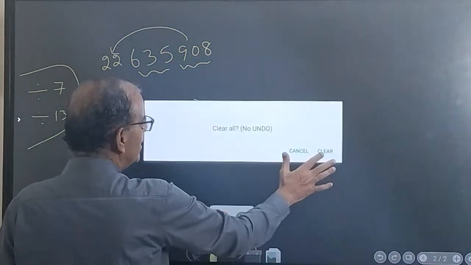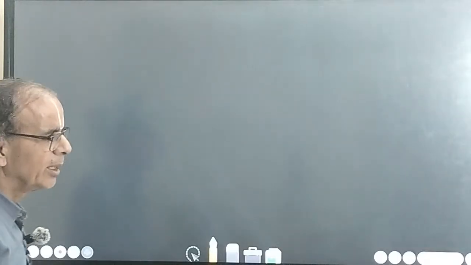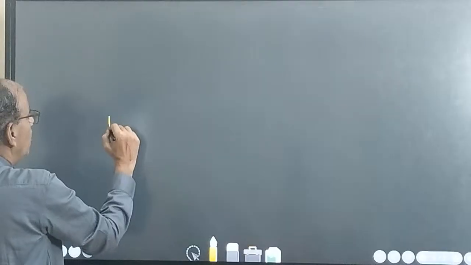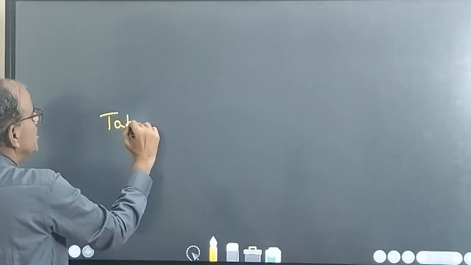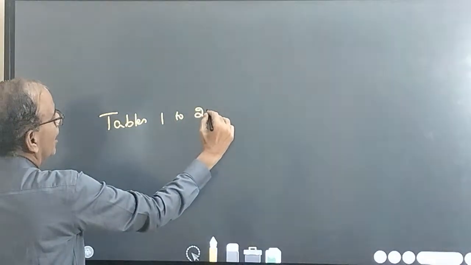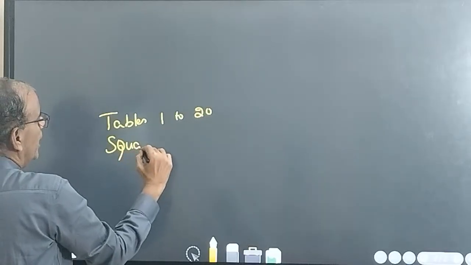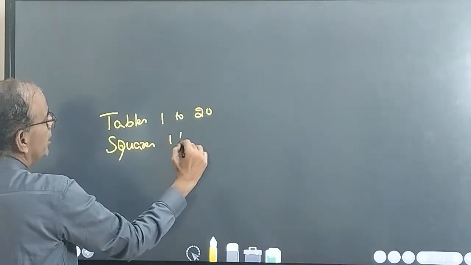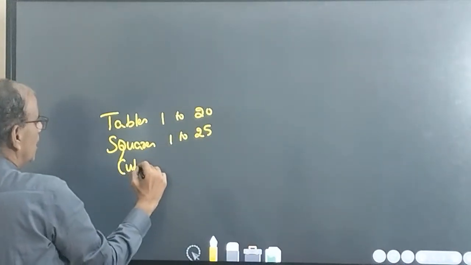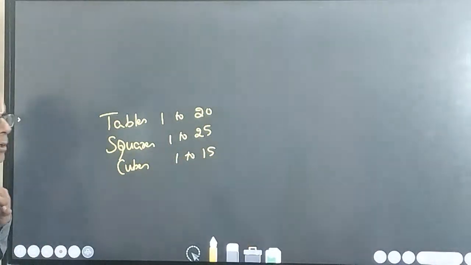Okay, that is 7 and 13. So that is for the divisibility rules. All students should know tables 1 to 20 at least, squares 1 to 20 at least, cubes at least 1 to 15 you have to memorize.